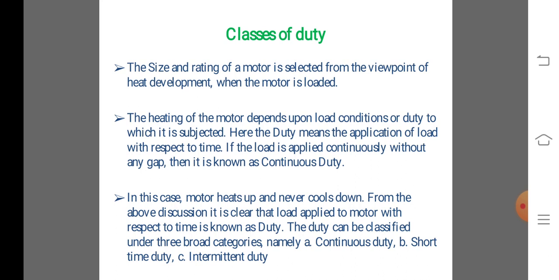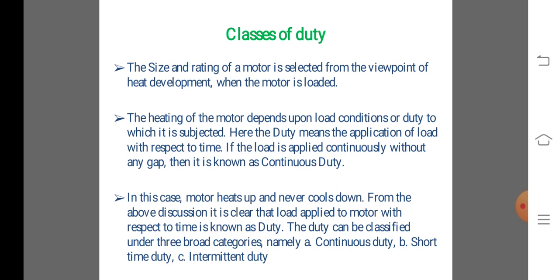Those are intermittent periodic duty with starting, intermittent periodic duty with starting and braking, continuous duty with intermittent periodic loading, continuous duty with starting and braking, and continuous duty with periodic speed changes.